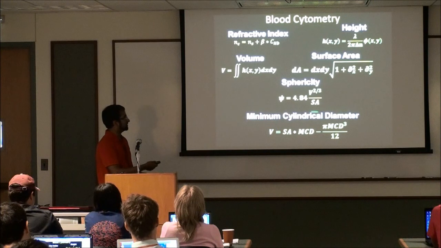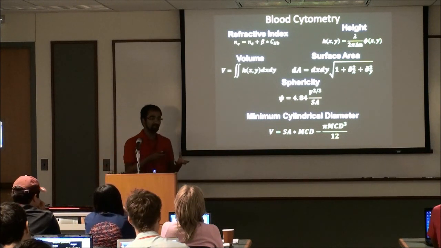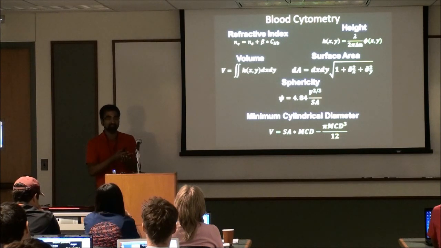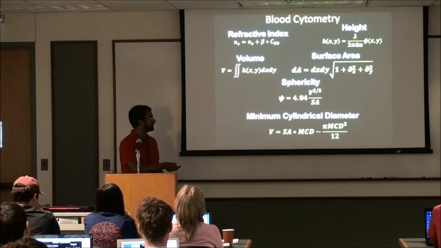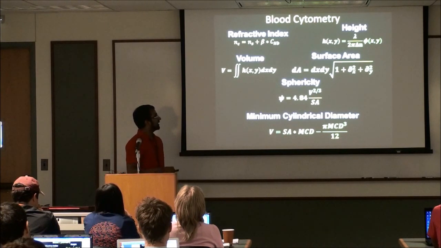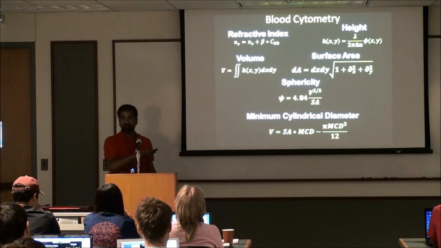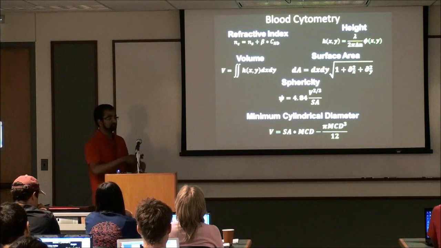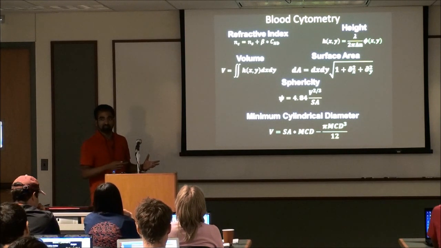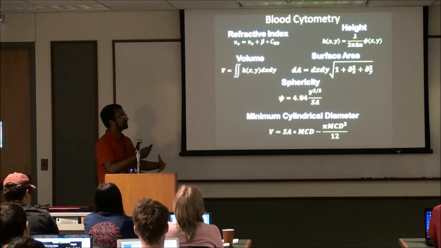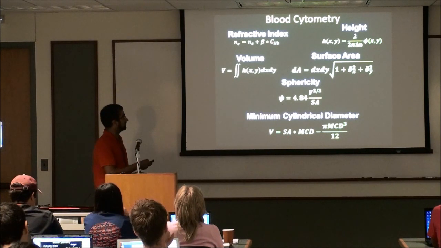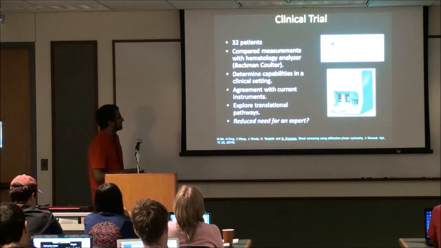Then there's the minimum cylindrical diameter, which predicts how small a capillary a given red blood cell can squeeze through given its surface area and its volume. On top of these, I think we have 19 parameters. So we have a very large parameter space for each cell, and we can think about separating normal cells from disease cells based on this large number of parameters.